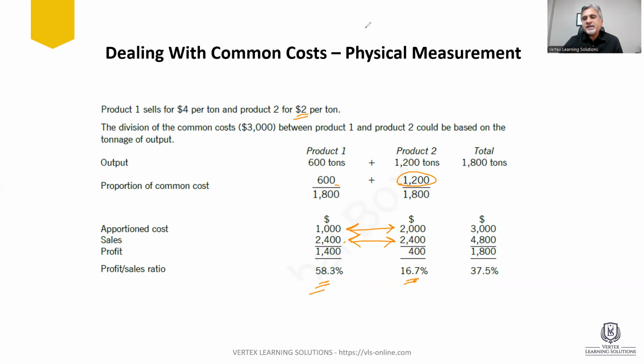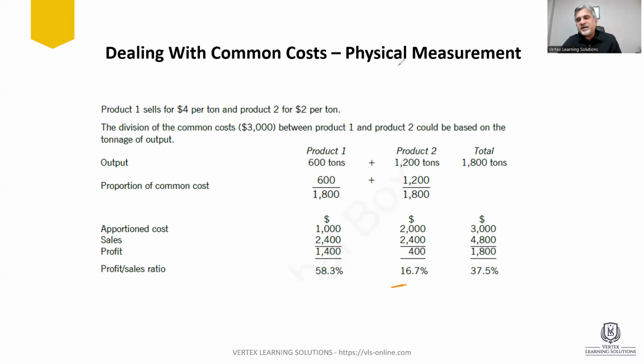So it looks like this method is probably not suitable because we are charging the cost based on the volume. The product itself is very cheap, and because it is cheap and has large volume, it attracts more cost. And sometimes you will see that it even goes into losses.